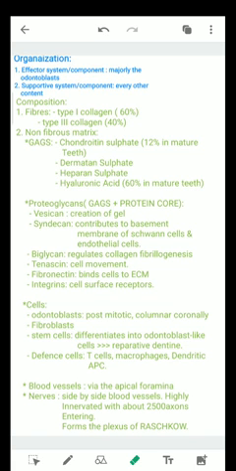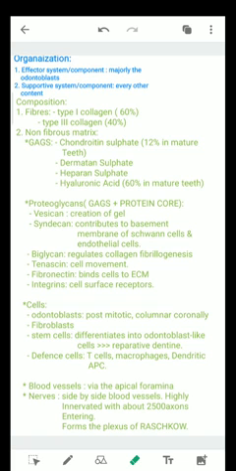So, for the non-fibrous matrix, the GAGs, that is the glycosaminoglycans, there are four major GAGs: chondroitin sulfate, dermatan sulfate, heparan sulfate, and hyaluronic acid.